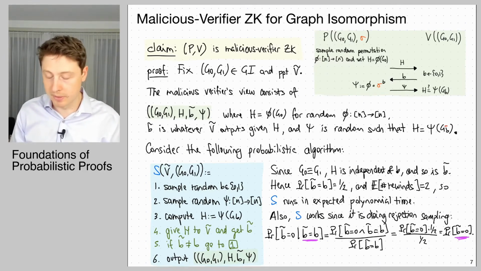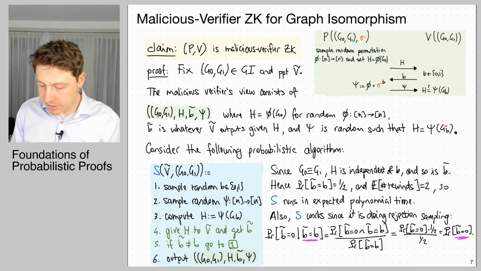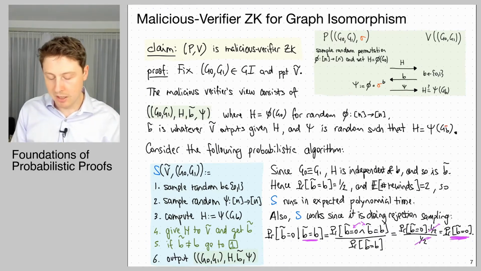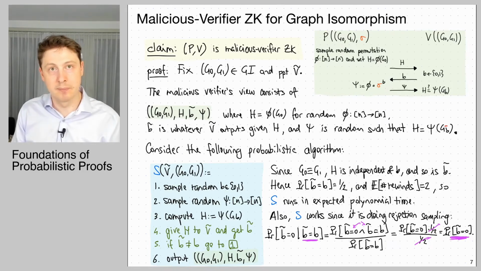And if you just expand this out, because B and B tilde are independent, I can pull out the probability that they are equal, and they cancel out, and overall when I do output something, it is with the correct bias, okay?